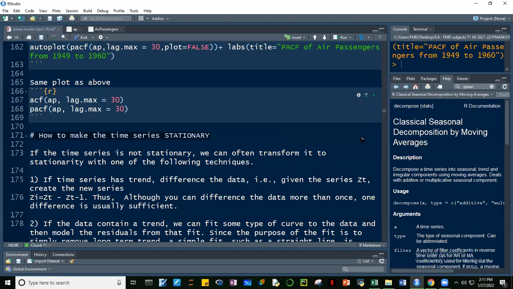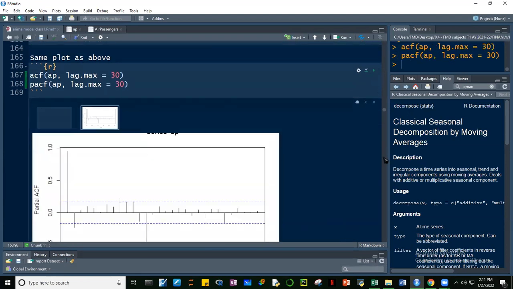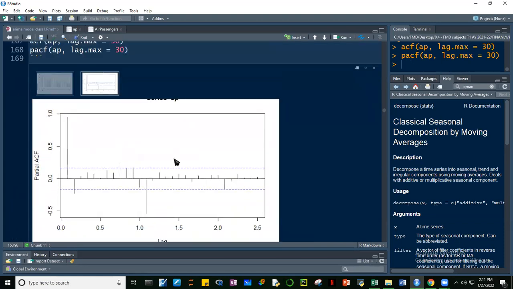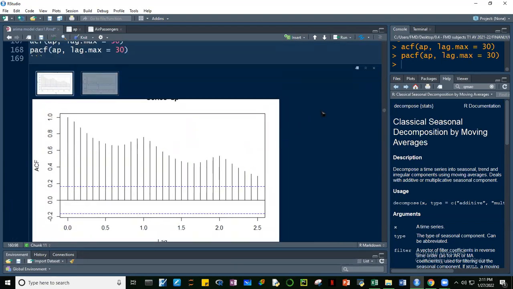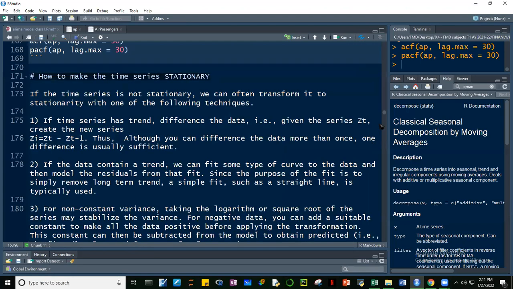Although since may statistical test na naman tayo, nagiging secondary importance na lang to. Okay, we can of course use this one. Pareho lang naman ilalabas yan, PACF and ACF. Same.